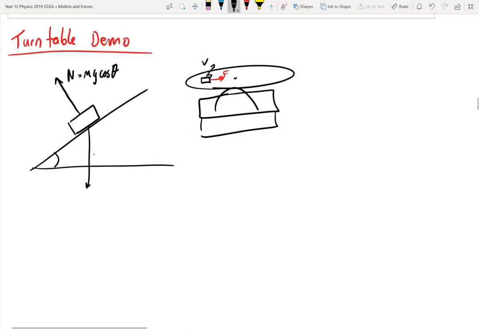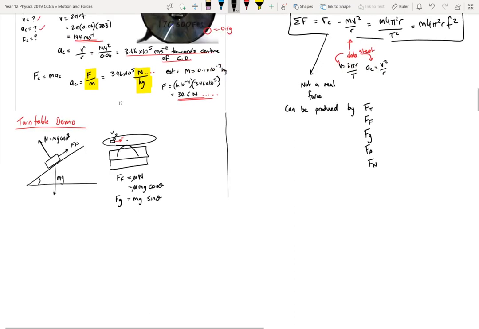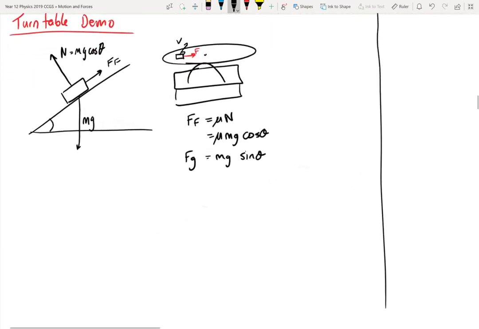Here is our weight force mg, and then we have a backwards force of friction, okay? Now, friction has an equation: it's mu naught N, so it's going to be mu naught mg cos theta. And we know that the force due to gravity down the slope is equal to mg sin theta. I'll just draw the edge of my page so I don't run off the edge of the page.